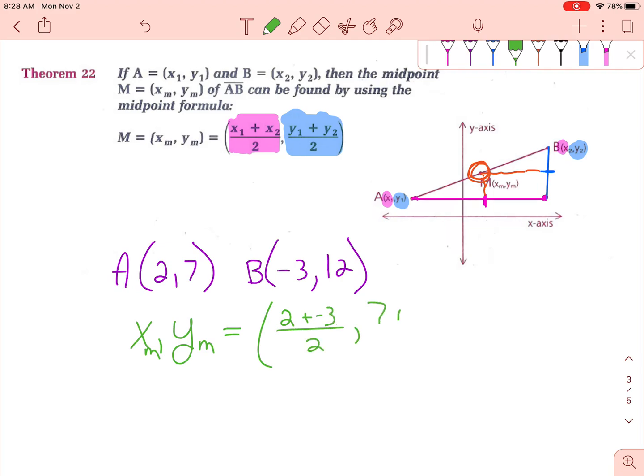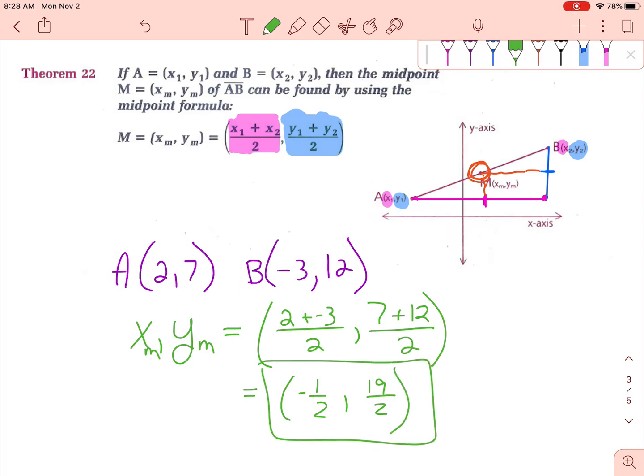We add the y's together and divide it by 2. That's going to come out as your midpoint. So -1/2 for the x value, and that's okay if it's a fraction, and 19/2. I prefer fractions over decimals, but up to you guys. So that would be the middle of that point right there.